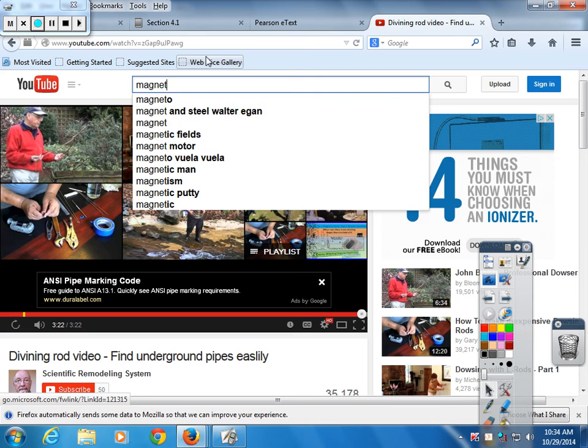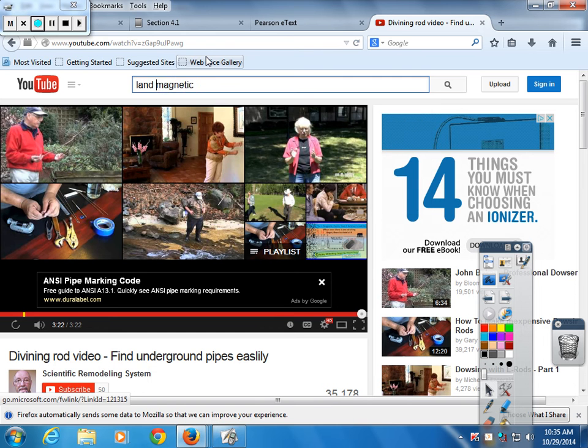Magnetic. I bet it's not on here. Land surveying. Magnetic needle. Metal detector.